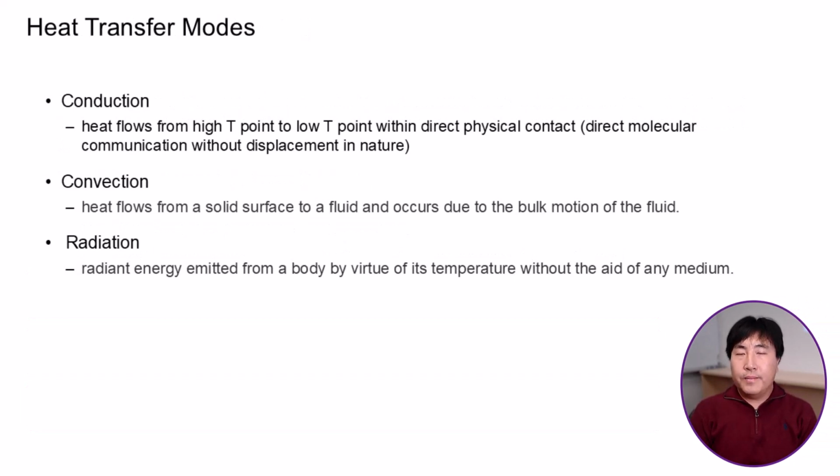Now, let's begin by reviewing some fundamentals of heat transfer modes. We typically look at three primary modes of heat transfer, each contributing to temperature changes within physical systems. First, conduction. In conduction-based heat transfer, heat moves from a region of high temperature to low temperature through direct physical contact.